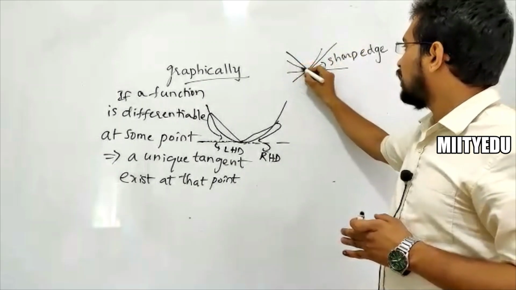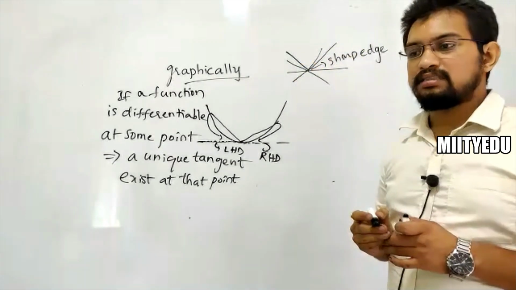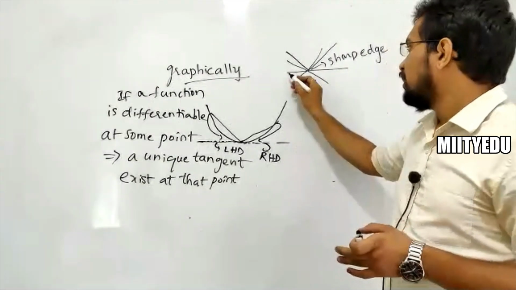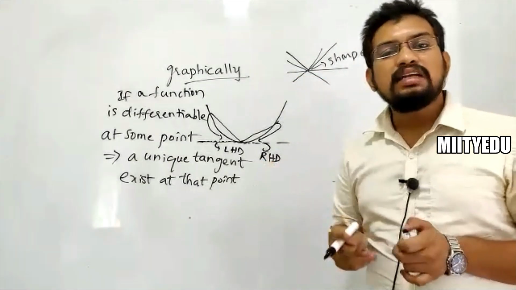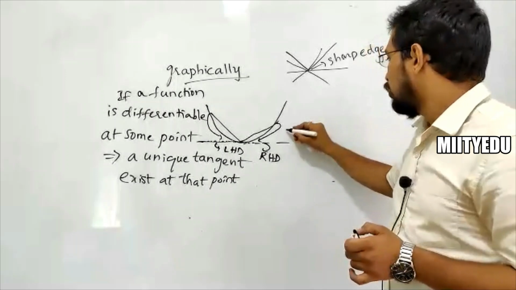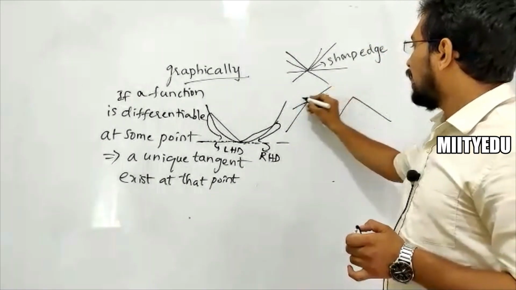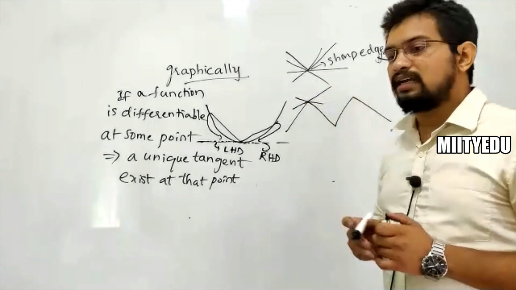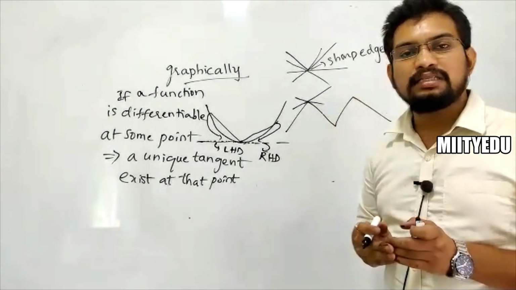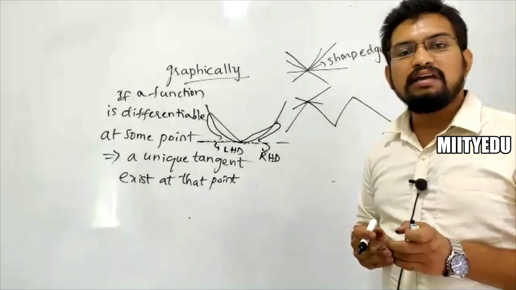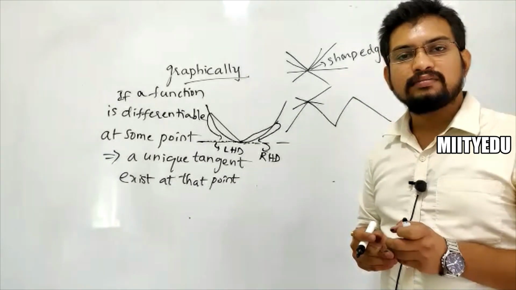I can draw some line which is like this as a tangent. And oka sharp edge vaste you can draw more than one tangent existing at that point. Let's say in a curve, I got something like this. If there is a sharp edge, I can draw more than one tangent which is existing at that point.